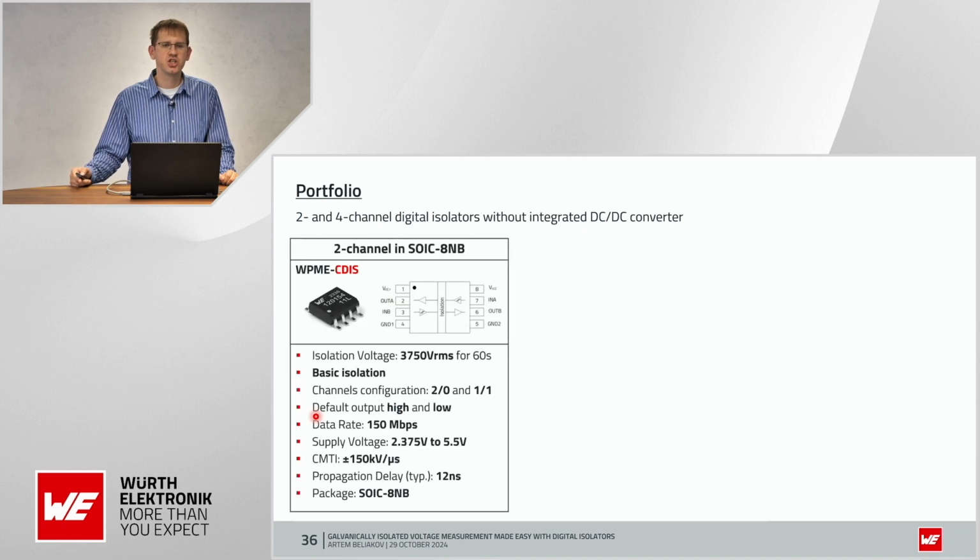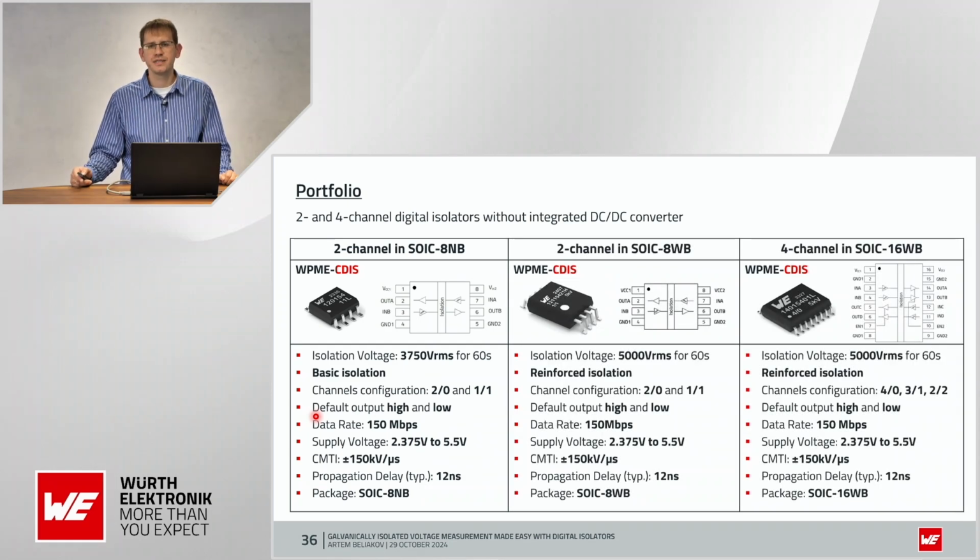Then you can see digital isolators without integrated DC-DC converter. On the slide you can see 2-channel digital isolators in SOIC 8 narrow body package that provide isolation voltage up to 3.75 kilovolt, and also they provide basic isolation. Then you can see 2-channel digital isolators in SOIC 8 wide body package, and 4-channel digital isolators in SOIC 16 wide body package.